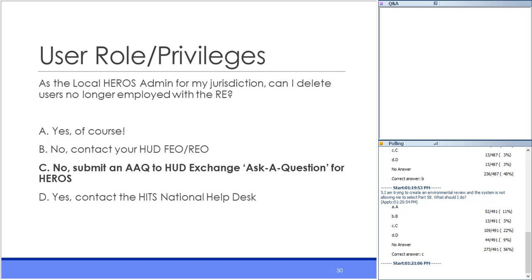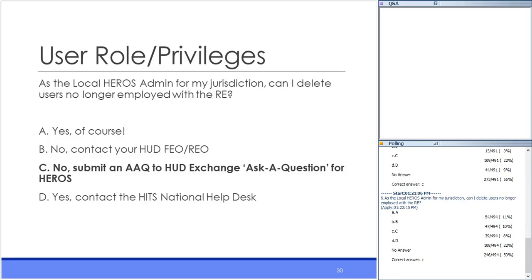Local administrators do have admin privileges to change contact information for members of their organization and to reassign reviews within their organization. But local admins cannot change HEROS privileges. Only HEROS admins can do that. So that's generally just OEE staff. So if privileges need to be changed or if a user profile needs to be deactivated, please submit an AAQ request and we can make that change.